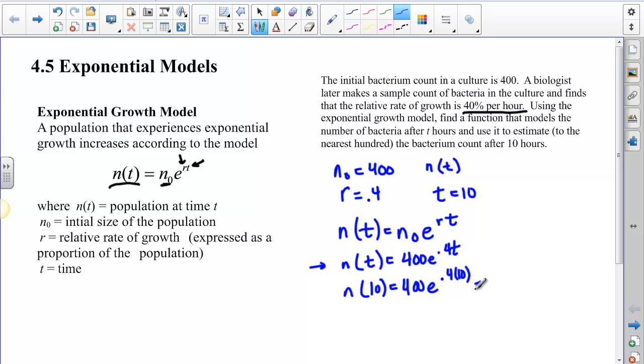If we plug that all into our calculator, we get 21,839. And so after 10 hours, there's about 21,800 bacteria because they wanted to know to the nearest 100. So 21,800 bacteria.